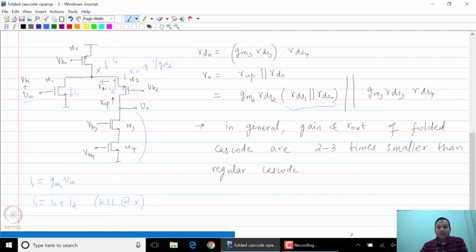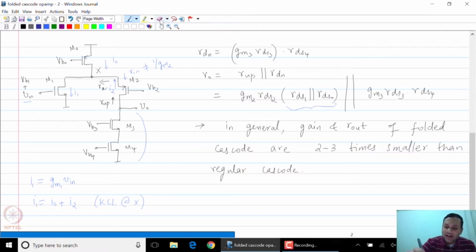Now this current will flow through the output node at V0. The total output impedance is given by R out, and therefore that will give you a certain amount of gain. So this will give you the small signal gain. Let us assume that we design M0 such that it has much higher impedance compared to the RDS of M1 and the input impedance at the source of M2.